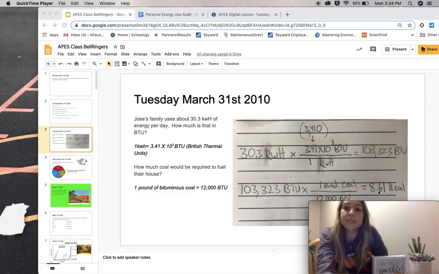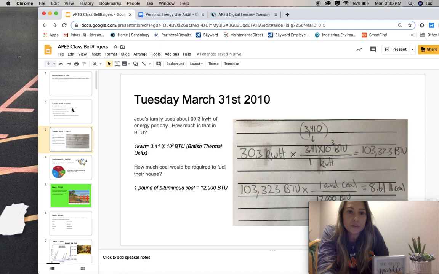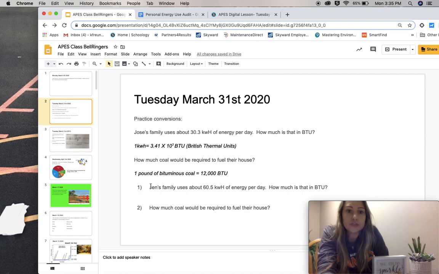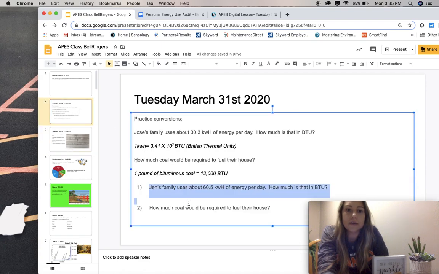So those are some example calculations of the conversions you'll be doing on the energy audit today. For your bell ringer, you're going to be answering these two questions on the bottom here. Similar setup, but instead of Jose, we've got Jen's family.